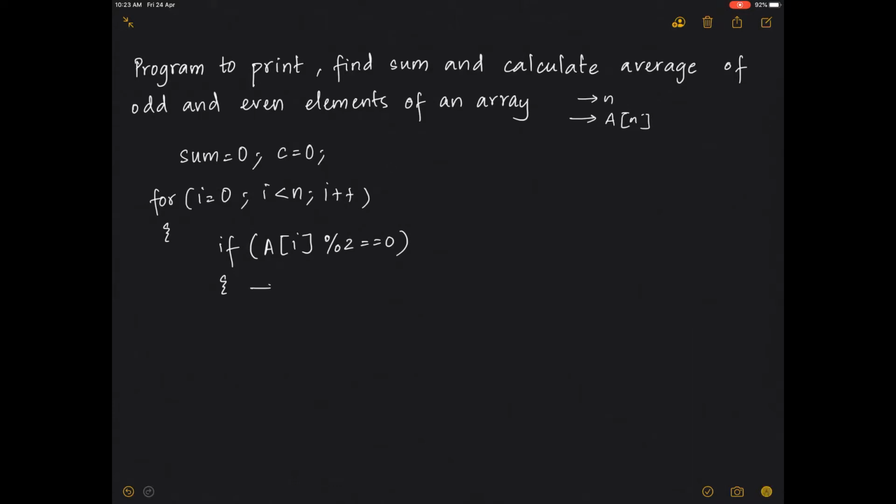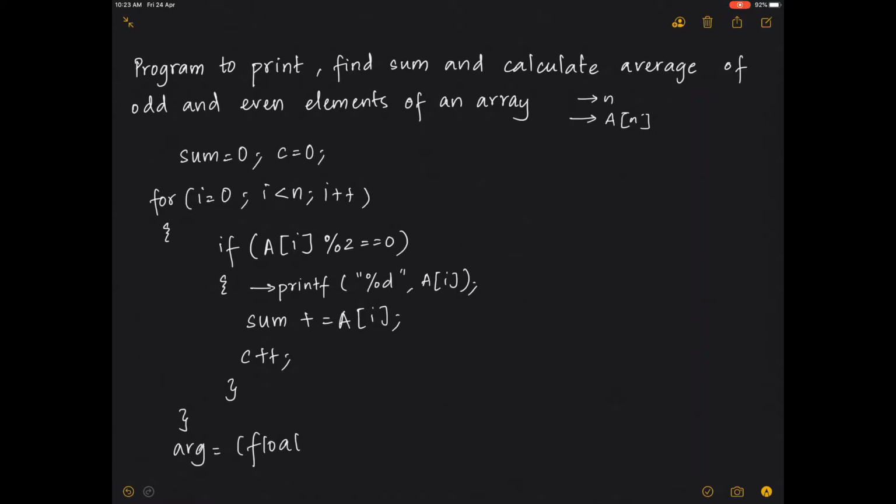You can directly write the printf statement for that value, %d a of i, and calculate the sum plus equal to a of i, and do not forget to increment your counter variable.